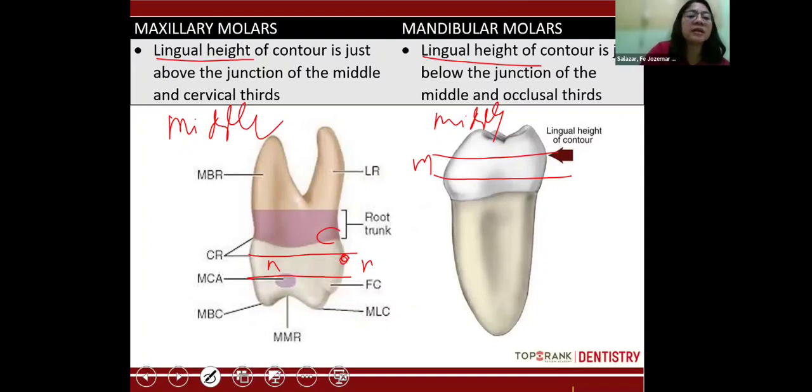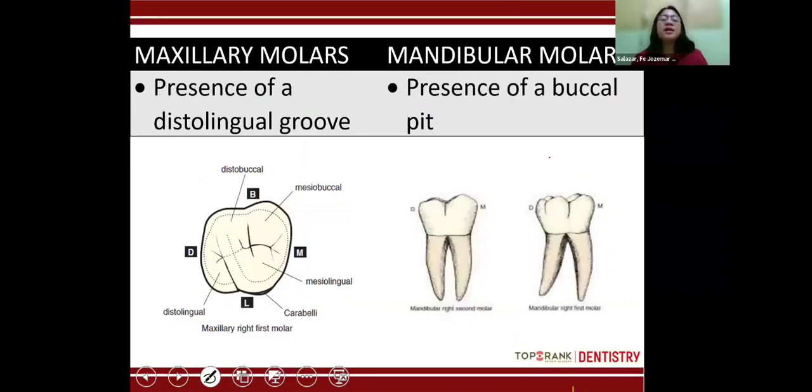Pag naman mandibular molar, the lingual height of contour is just below the junction of the occlusal and middle third. So dito. Nasa middle third pa rin siya, magkaiba lang ng location sa middle third. On maxillary molars, you have a distolingual groove. On mandibular molars, you have a buccal pit.